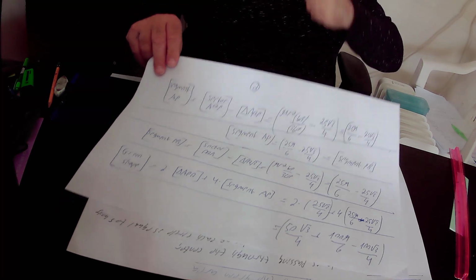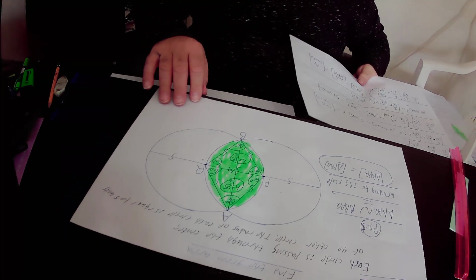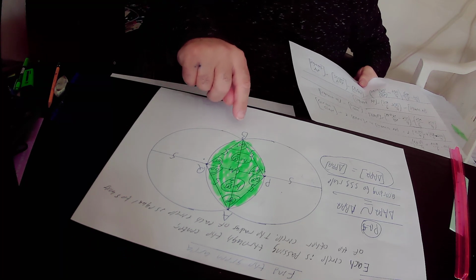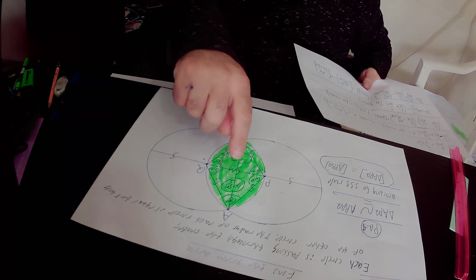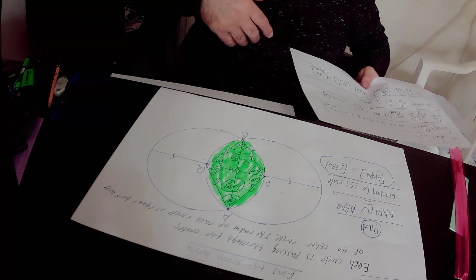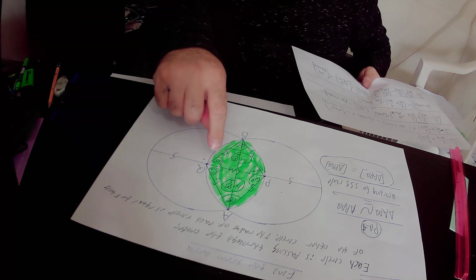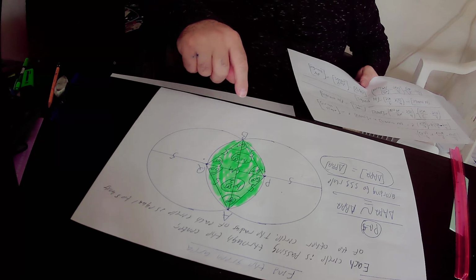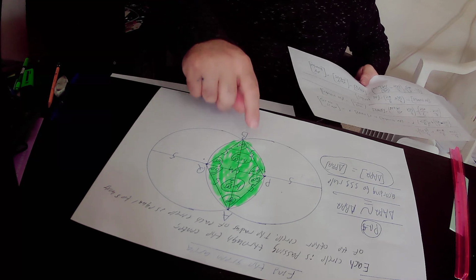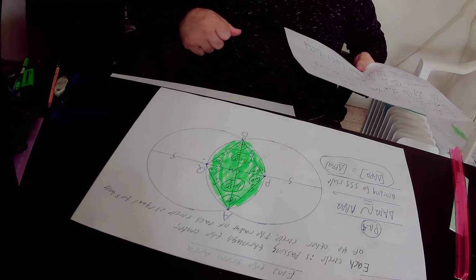And if we continue to calculate the area of segment BQ and the area of segment AQ, we will find out that the area of those two segments AQ and BQ is equal to the area of segment AP.